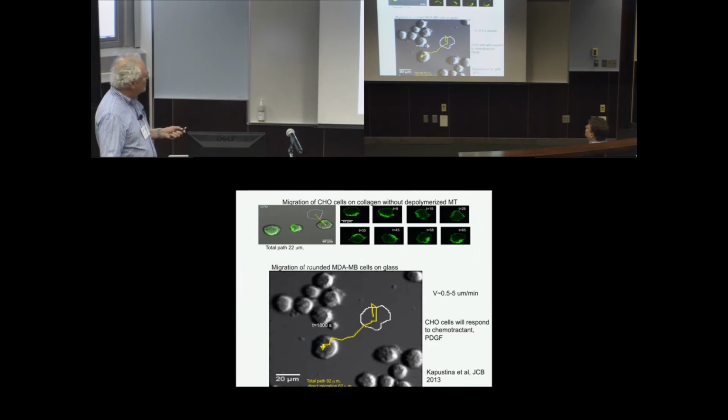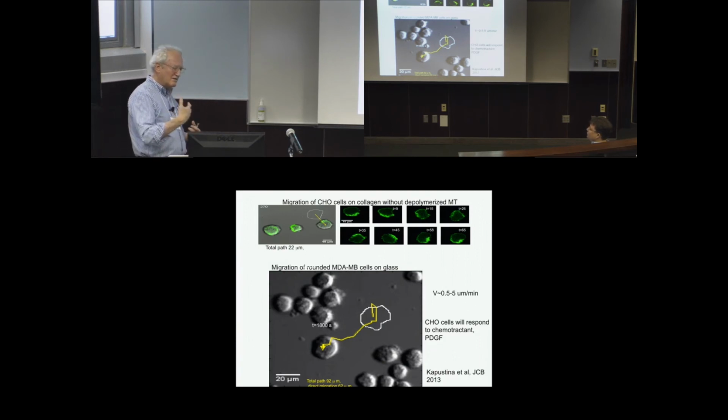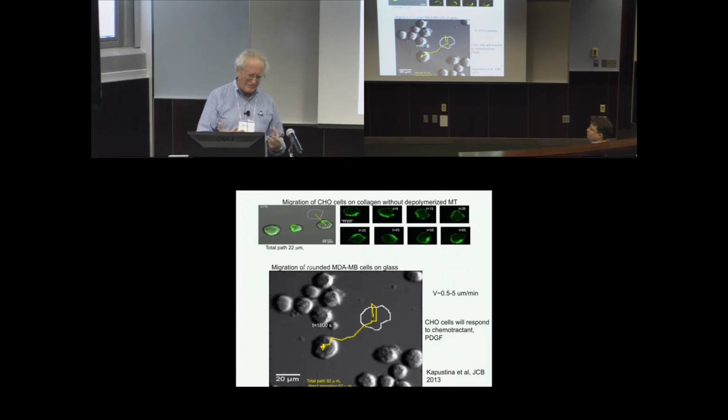Also, we can take the migration of the mammary breast carcinoma cells, and put them on serum-coated glass, and they will undergo this periodic protrusive phenotype whilst migrating. So there is evidence that this may be a model for a certain type of amoeboid movement that's even theoretically tractable.